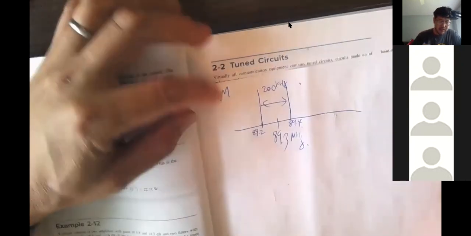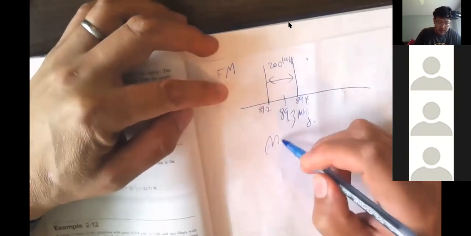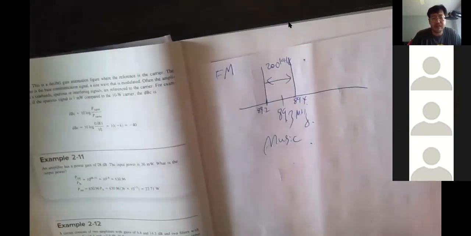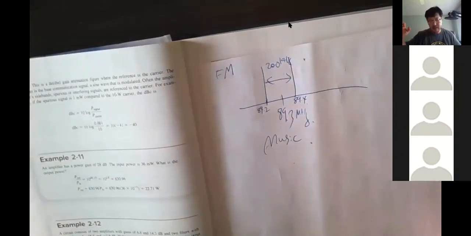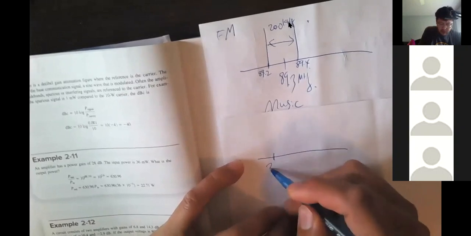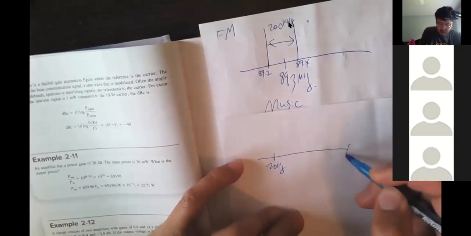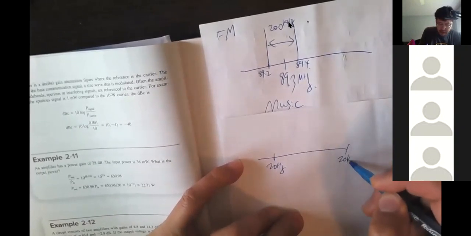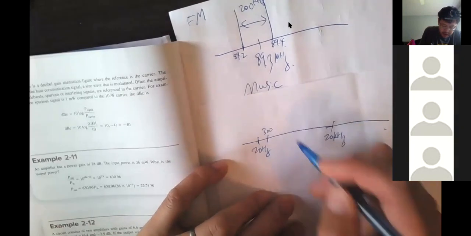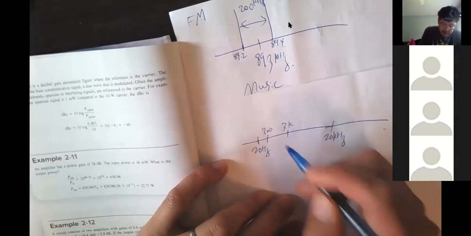So that is why FM broadcast is for music, because when you listen to music, you need to carry wider bandwidth. So what is the music? 20 hertz to 20,000 hertz. So that's music. That's human voice, 300 to 3,000.